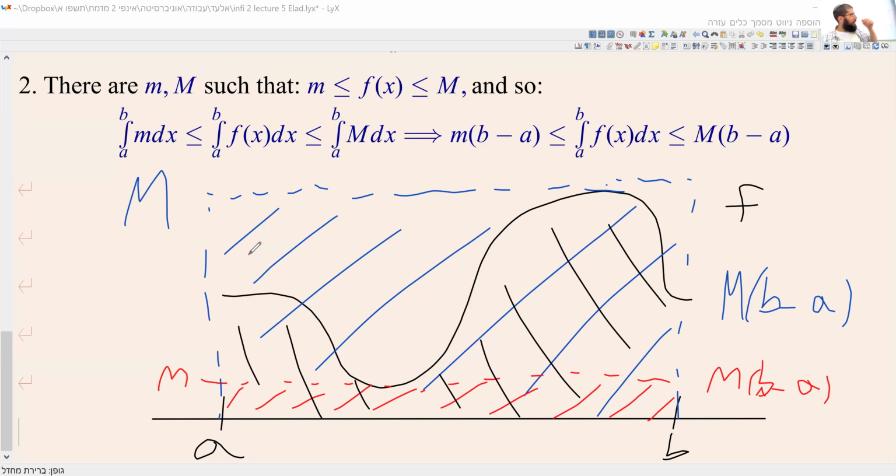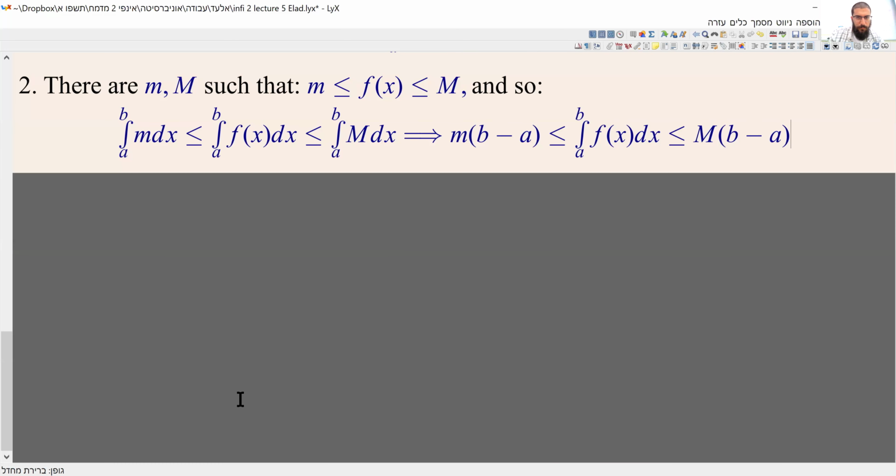So the area of the integral of f is bounded between these two rectangles and their respective areas. I'll just plug it in as a PNG. Then we can move on.